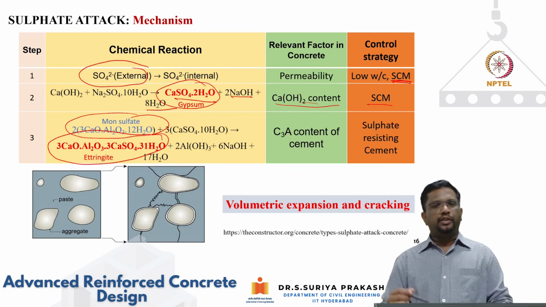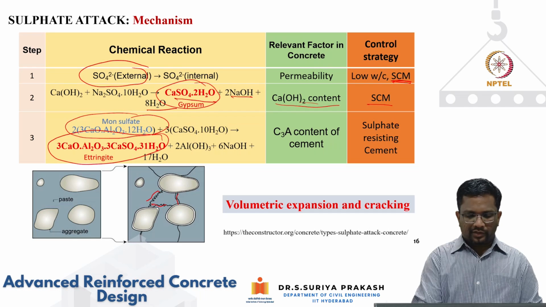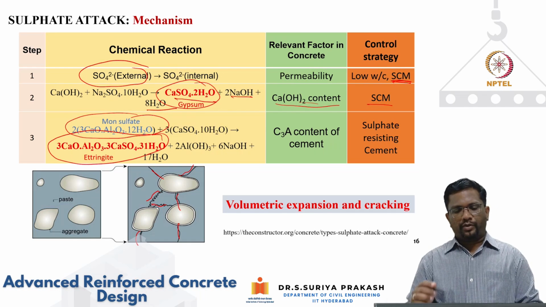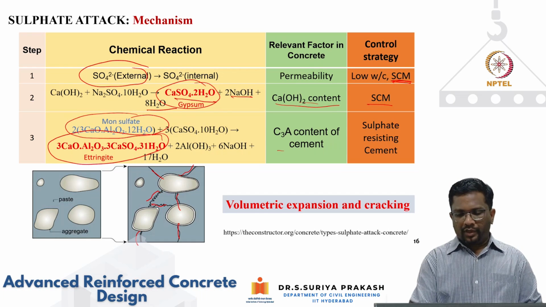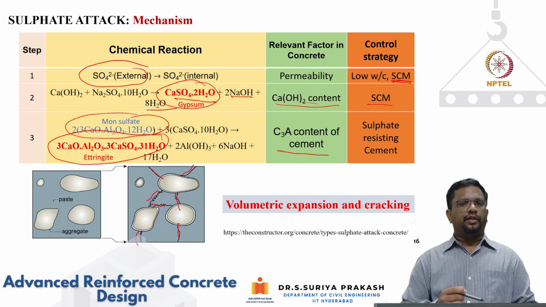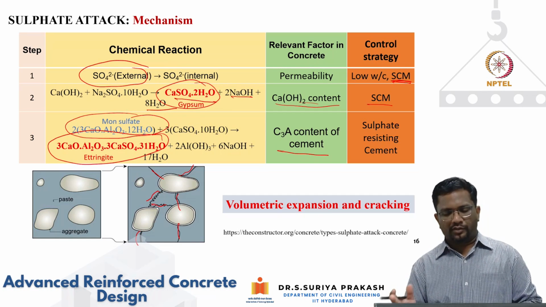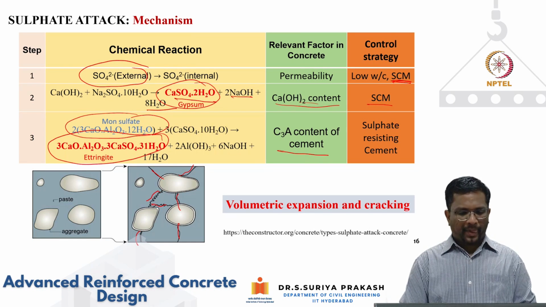That is what will create volumetric expansion and cracking, which we have seen in this figure, and this kind of cracking is what we need to reduce. One way to control this delayed ettringite formation is by reducing the C3A content. That is what we have in sulfate resisting cement, which will usually have a low percentage of C3A.